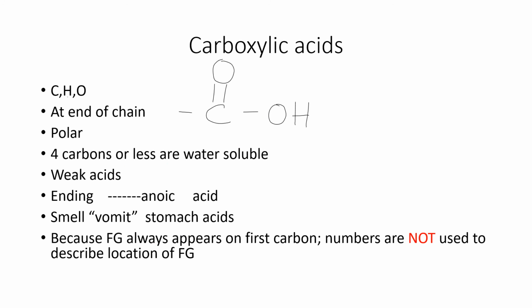All right, next functional group we want to look at are the carboxylic acids. And carboxylic acids have carbon, hydrogen, and oxygen in them. And what makes a carboxylic acid a carboxylic acid is the C double bond O along with an OH. It needs both of those in place.